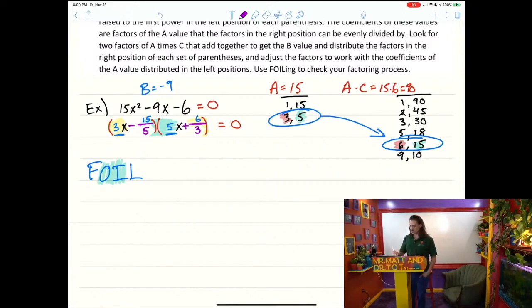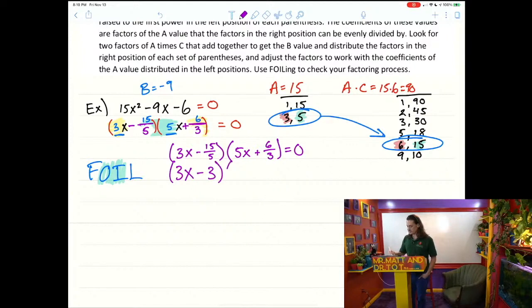So my answer here is 3x minus 15 over 5 times 5x plus 6 over 3 is equal to 0, and that simplifies into 3x minus 3 times 5x plus 2.